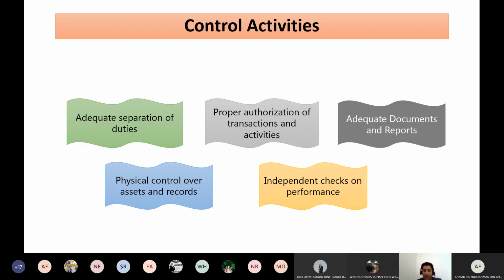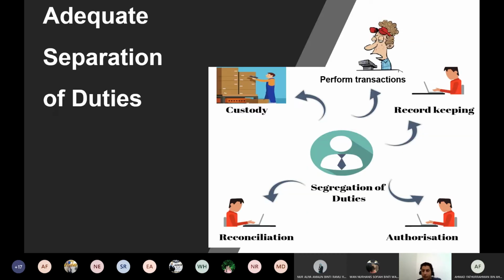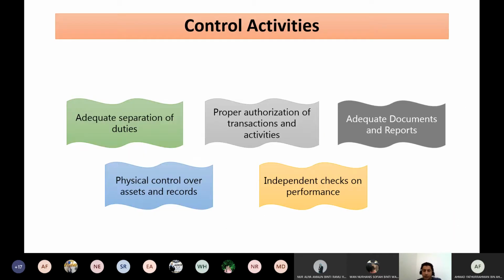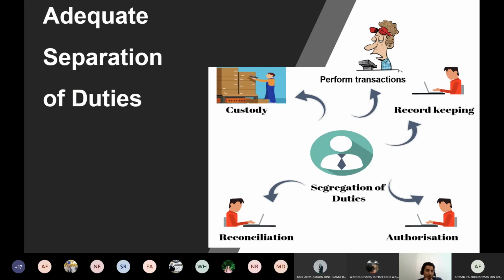Number two is physical control over assets and records, proper authorization of transactions and activities, independent checks on performance, adequate documents and reports. And let's see one by one. So, adequate separation of duties.